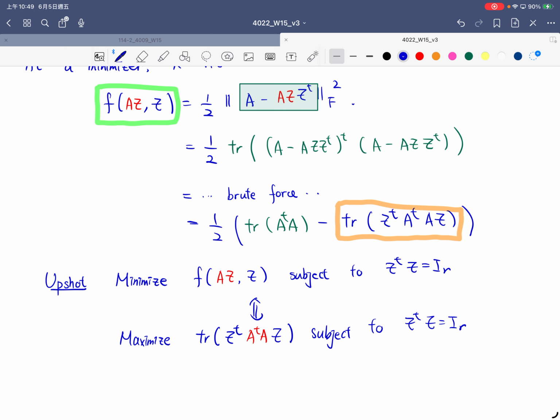Because of this relation over here, to minimize this is equivalent to maximizing the second term.